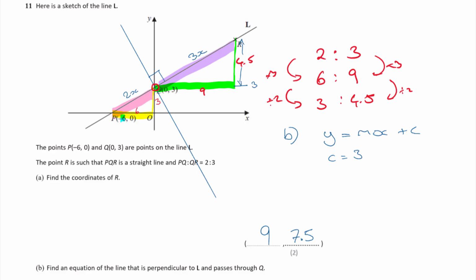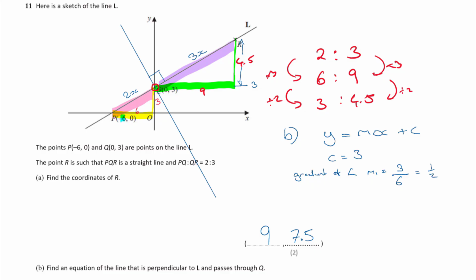So let's find the gradient of L. The gradient of L, which I'm going to call M1, is the change in y divided by the change in x. I'm just going to take the first triangle because the numbers are easier. If you remember, it was 3 units up and 6 units along from P to Q. So the change in y, 3, divided by the change in x, 6, gives me a gradient of a half.